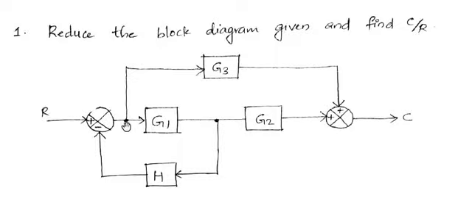When I shift this branch point ahead of G1, some modification should happen in G3. Why? Suppose the output of this summing point is Y, just an assumption. Then this signal Y is going to G3.